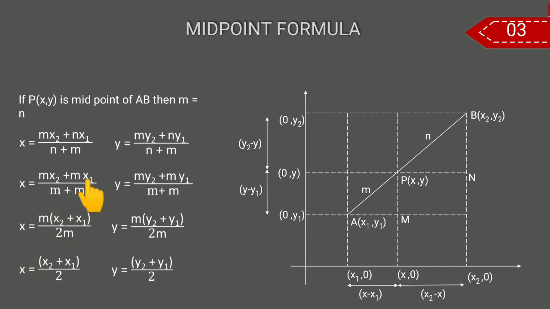Taking m as common, x is m(x2 plus x1) upon 2m, and y is m(y2 plus y1) upon 2m. M cancels in both coordinates and we get x equal to (x2 plus x1) upon 2 and y equal to (y2 plus y1) upon 2.